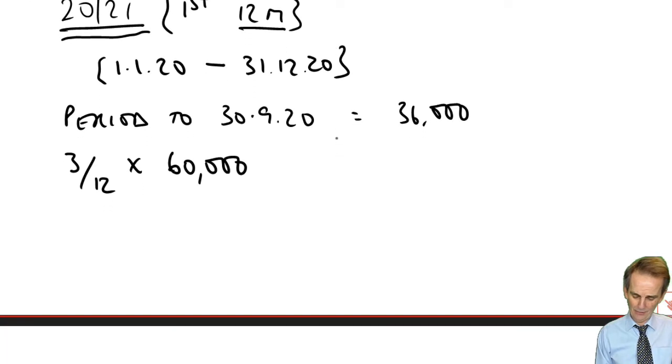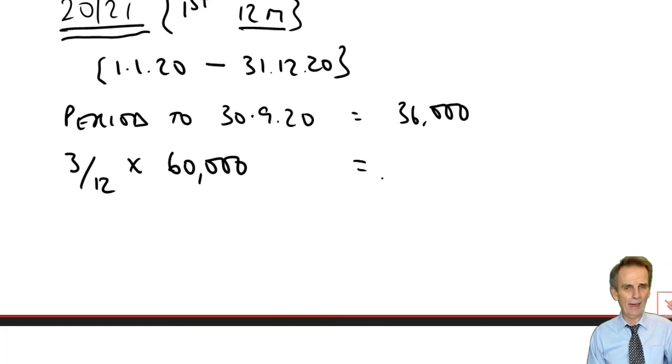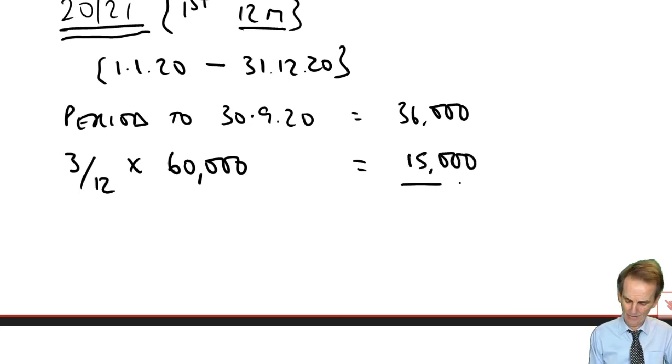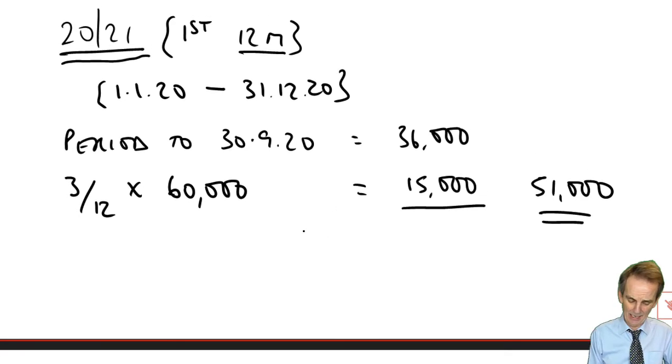And 3/12 of 60,000, well, you've had a chance to work that out now for yourself. 3/12 of 60, that's a quarter of 60, so I think that is some £15,000. Add the two numbers together, 36 and 15 is, I think, £51,000. So there is your assessment for this, the second tax year, the 2021 tax year.